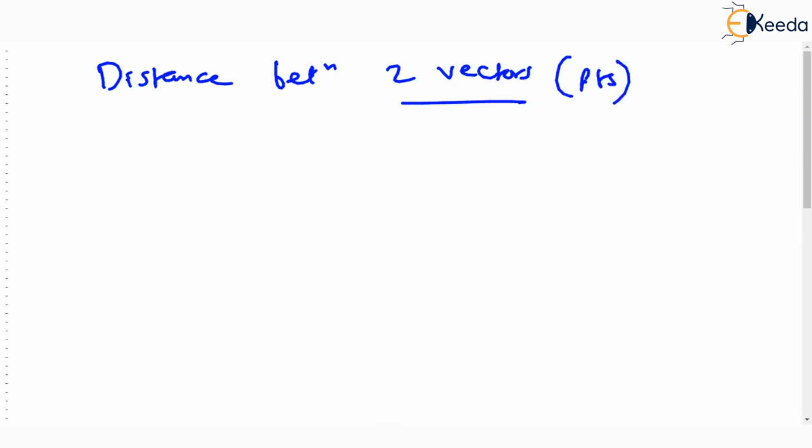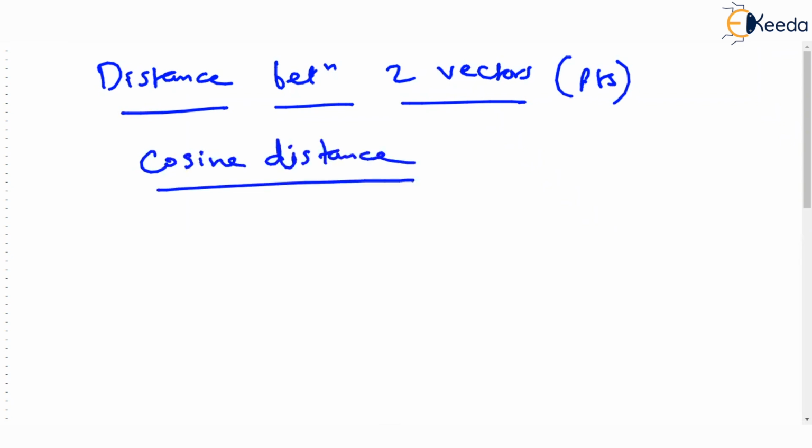Vectors and points are the same, isn't it? If we are finding the distance between two vectors, there is one more way called cosine distance. Completely different from the Minkowski family. I'll say Minkowski family because P decides whether it is Manhattan or Euclidean. Cosine distance is completely different.